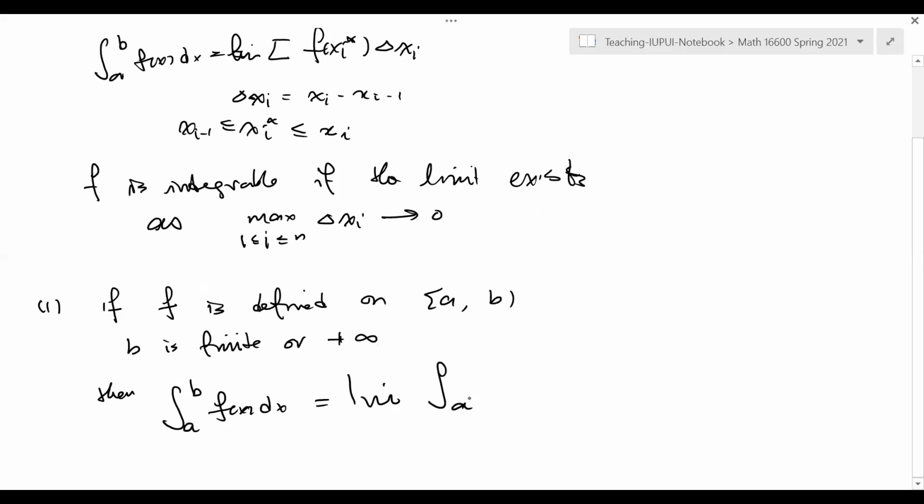It's defined in the following way. First of all, take a c, where c approaches b from the negative side.